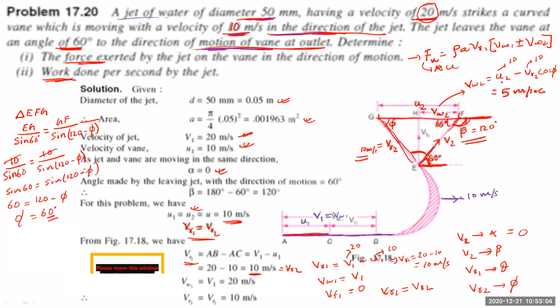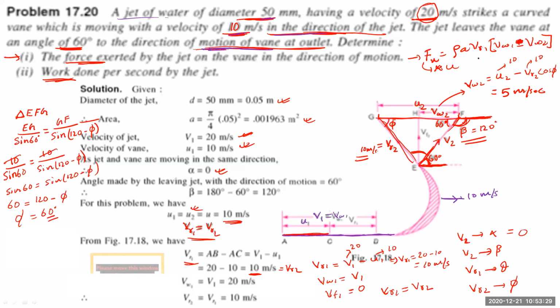Now, come again to the first part of the question. It was asking the force exerted by the jet on the vane. So this is the formula we know, rho A VR1 VW1. Here beta is greater than 90 degrees, so we will use the negative sign. Plus you can remove, minus only will be there.